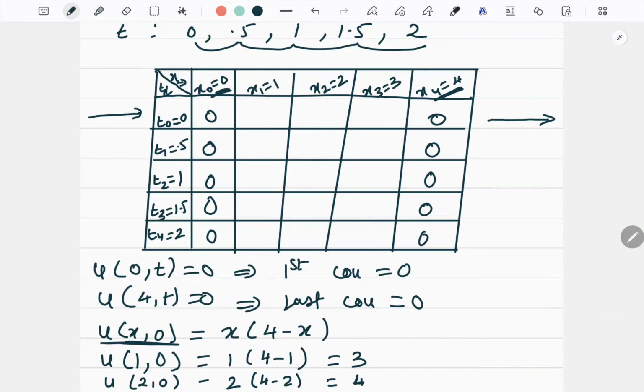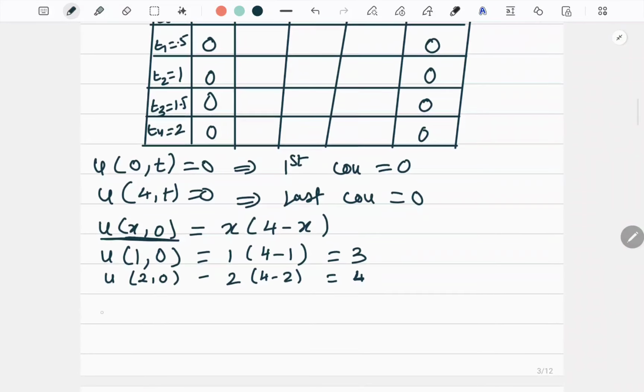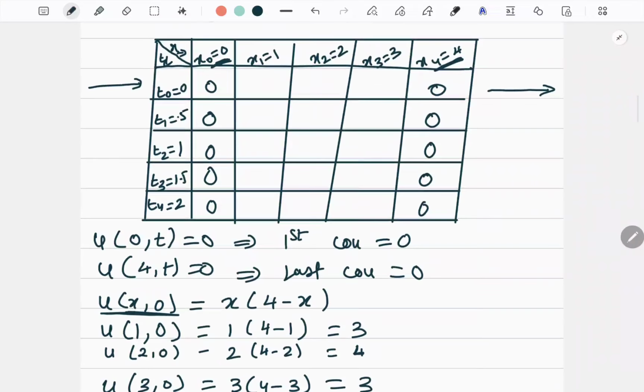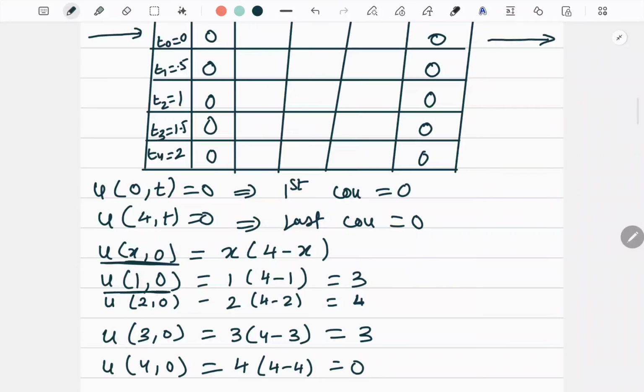Correct? Next, u(3, 0). So here what will I put? 3 times (4 minus 3). So 3. Then u(4, 0), 4 times (4 minus 4), that is 0. Actually not required. So what did I get? u(1, 0). Now u(1, 0) means what?